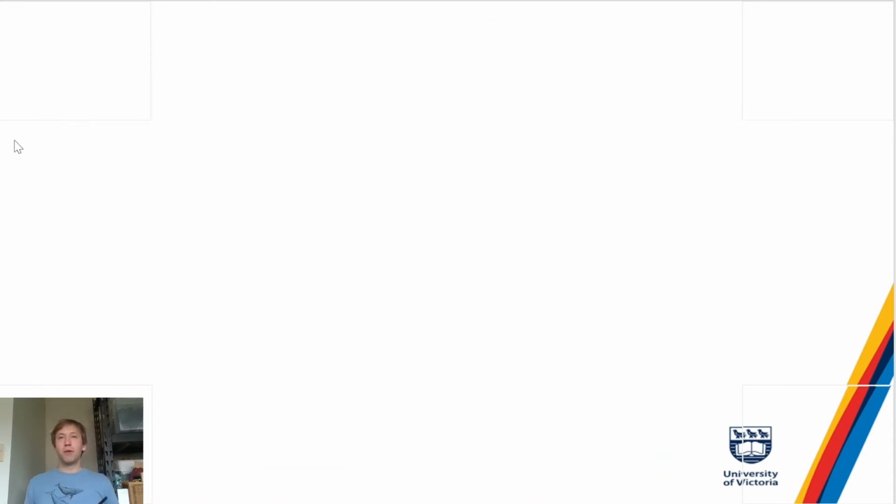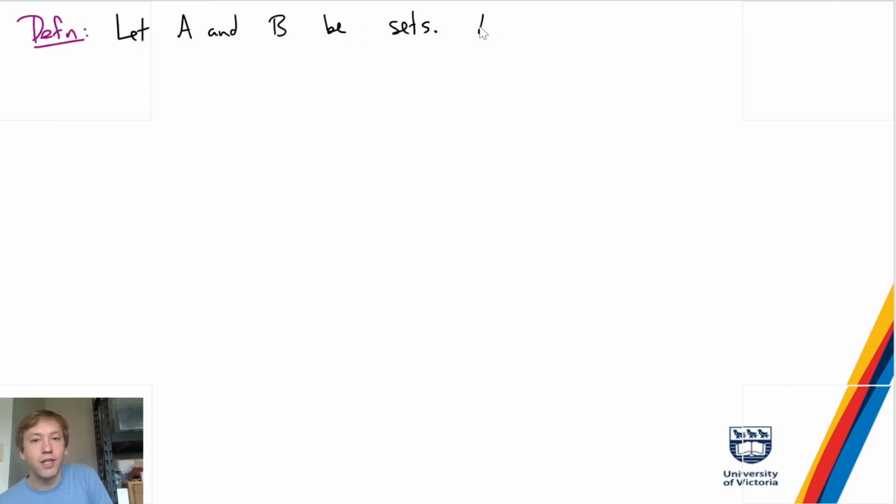And in fact, I want to define functions in an even more general or more abstract way than that. So here's a very abstract definition of a function. And whenever we talk about functions in this class, we always mean this abstract definition. Let A and B be sets.